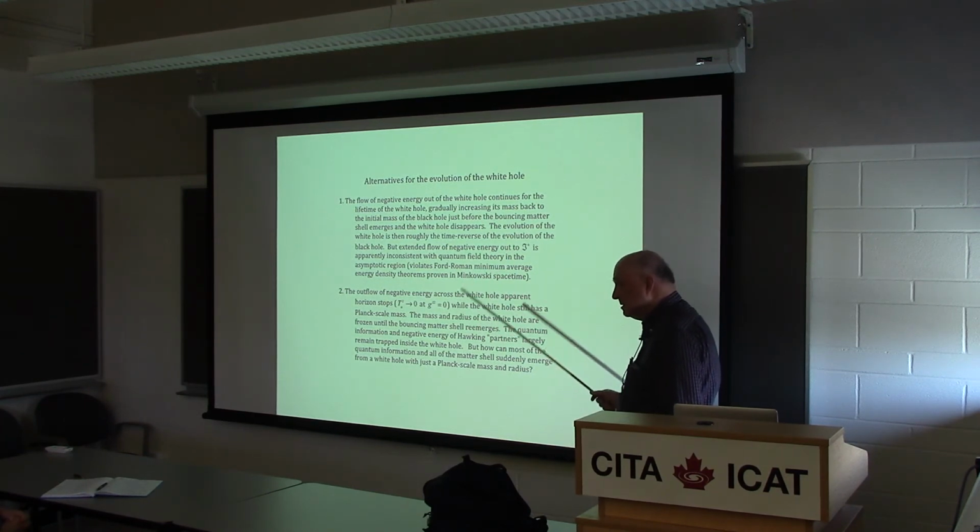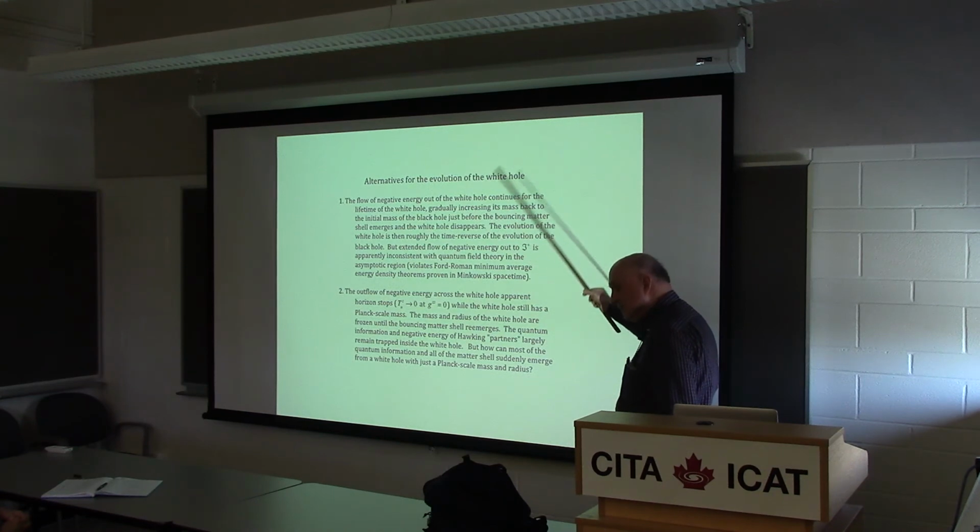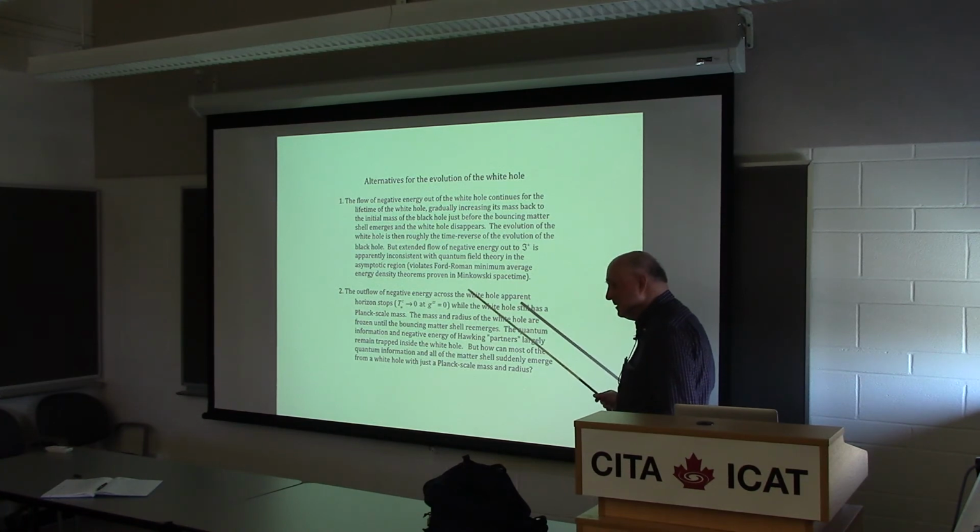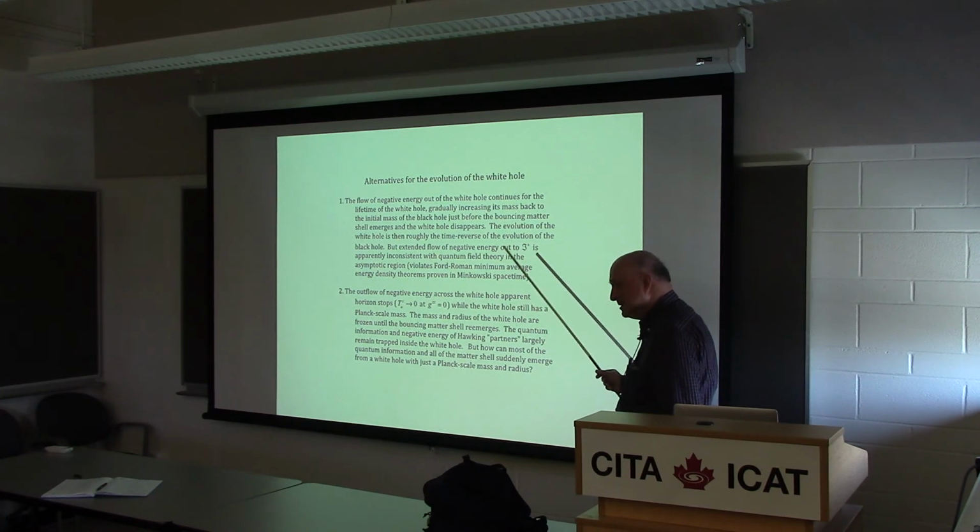And the problem is that in this picture, the negative energy associated with this outflowing Hawking partners is too big, too negative rather, to be consistent with this asymptotic Minkowski space picture. So you might worry about that. You might also say, well, the global space-time is not at all Minkowski, and so maybe these theorems don't apply, but you can certainly worry about it.